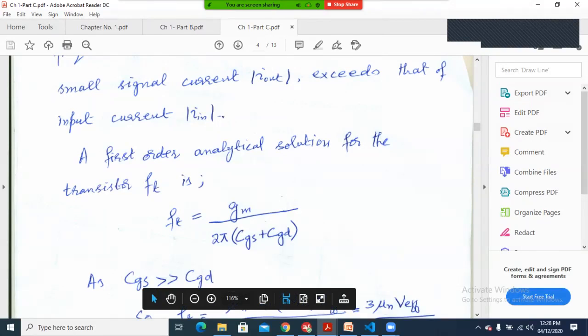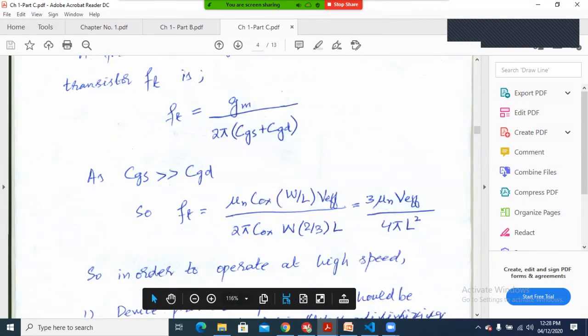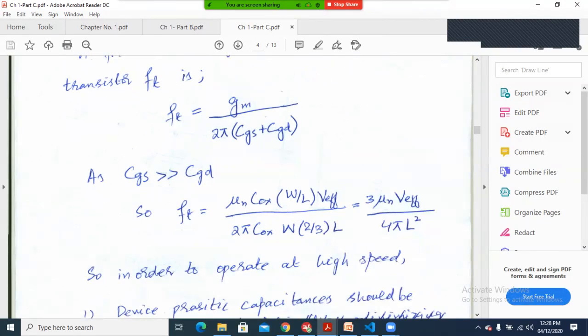So we substitute the value of gm and we substitute the value of CGS only. This will give us the relationship 3 mu n Vov by 4 pi L square. So in fact, to increase the unity frequency gain, we have to maximize the value of Vov and we have to minimize the gate length.